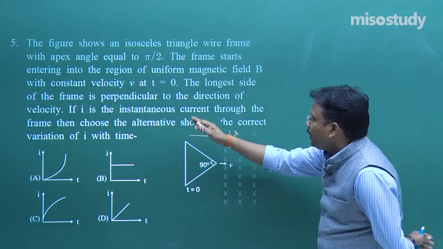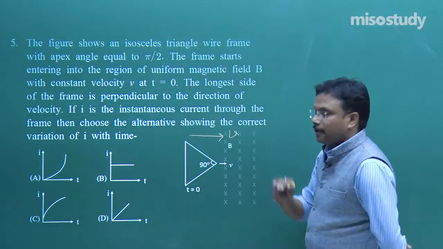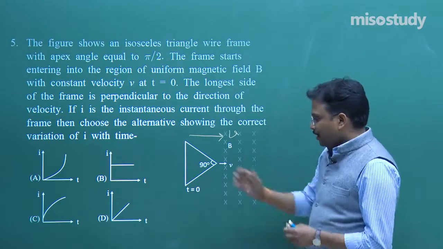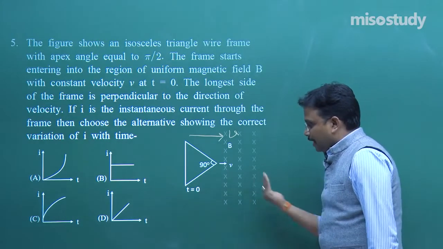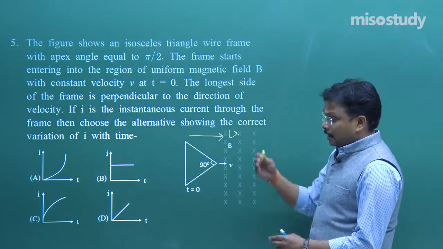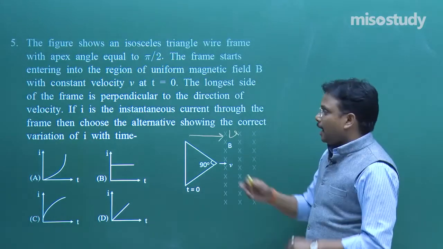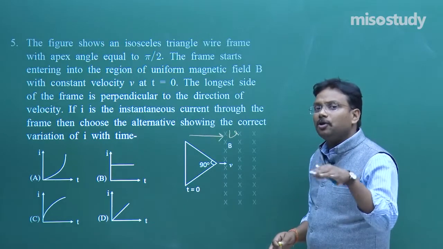If I is the instantaneous current through the frame. Instantaneous, why? See, as this triangular loop keeps going inside, what will happen? Induced EMF will change. Accordingly, your I will also keep on changing.